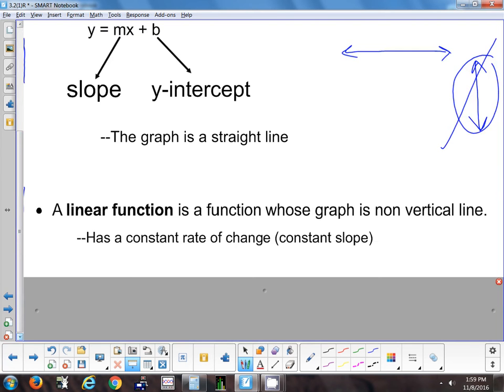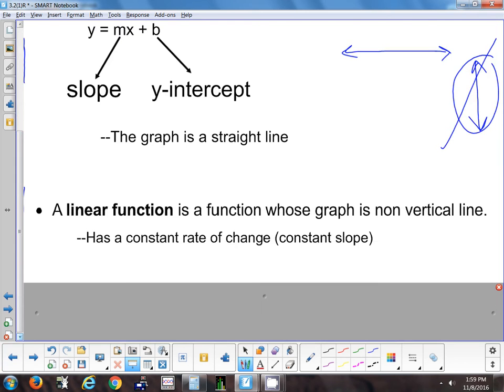All right? Does everyone understand something that would not have a constant slope? Can anybody think of a picture where the slope doesn't stay the same? With a line, it always does. Exactly, something that's nonlinear. Here's an example of something where the slope changes. How can you tell?